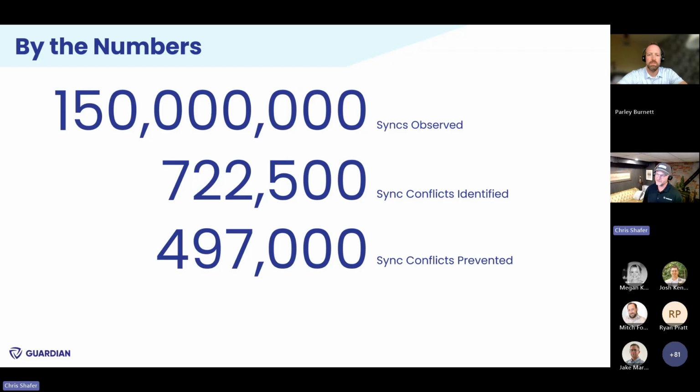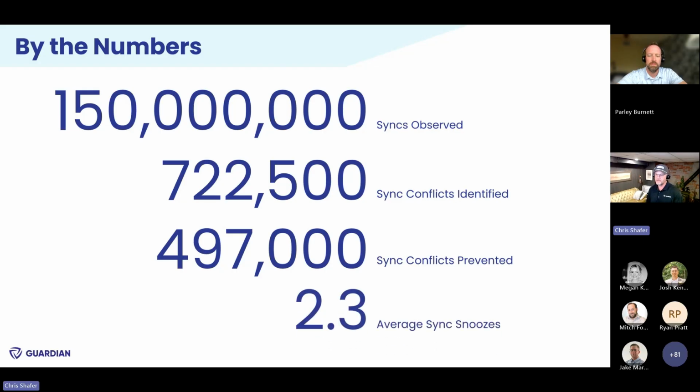This equates to about $600,000 that Guardian Sync Traffic Control has saved our clients over the last year and a half. What we find is a lot of our clients find a ROI with Guardian just with Sync Traffic Control. And all the other features that Guardian provides is just icing on the cake.